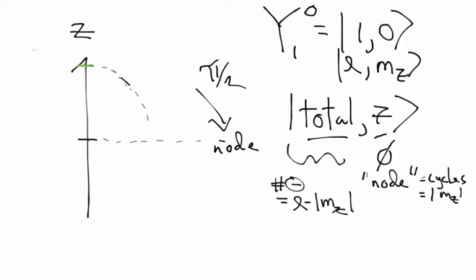So we know that. Now the next thing we know is that because there is no z angular momentum, we can have and will have a finite value to the wave function at the pole, at theta equals 0.